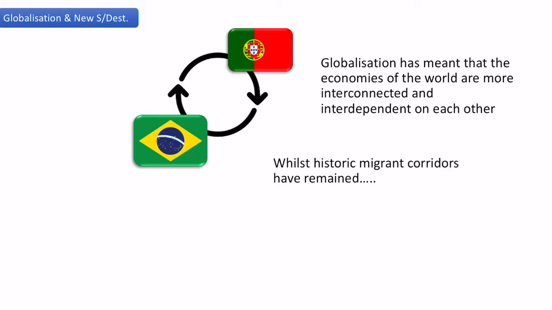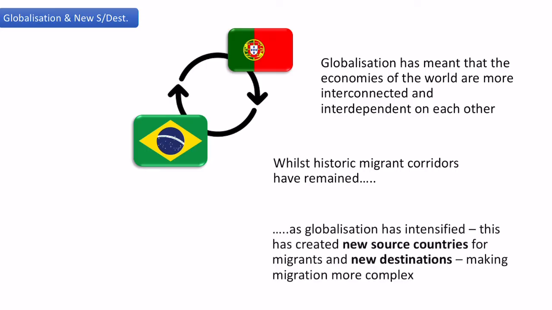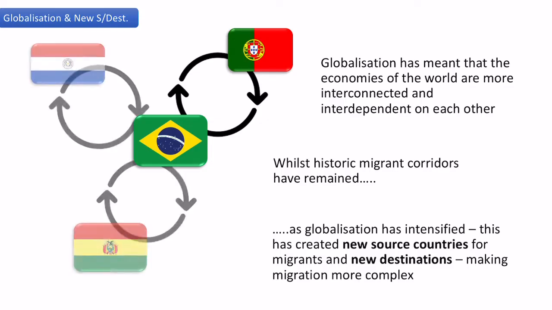But because we're starting to see growing economies in the south, in lots of Africa and lots of Asia, we're starting to actually see that there are new source countries which are producing migrants and new destinations where people want to migrate to because there have become new opportunities. So the global forces, the shifting of industry and manufacturing to new parts of the world, have meant there have been new opportunity areas, and therefore there are new places for people to go to.